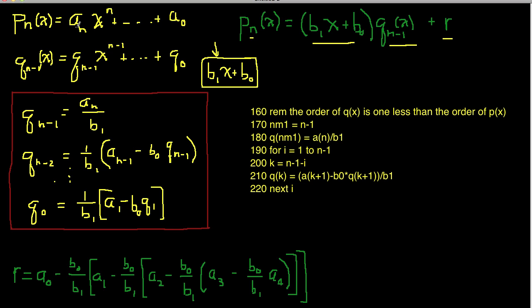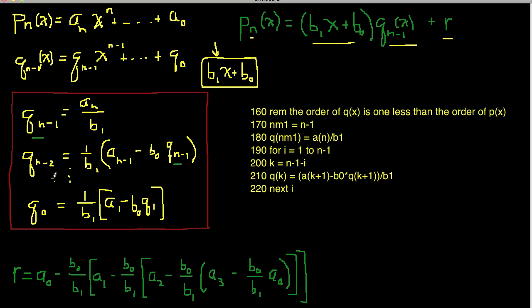Remember, a sub n is this coefficient right in here. We also have q sub n minus 2 equal to this expression, 1 over b1 times a sub n minus 1 minus b0, and here the value of q sub n minus 1 appears from the previous expression.